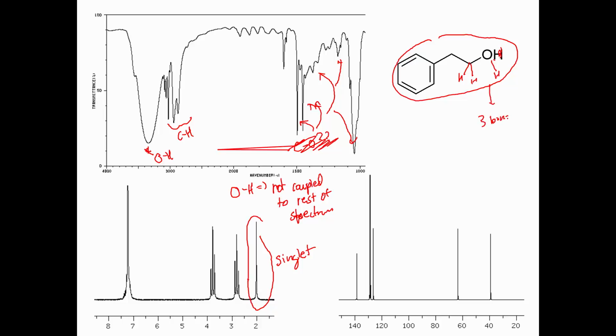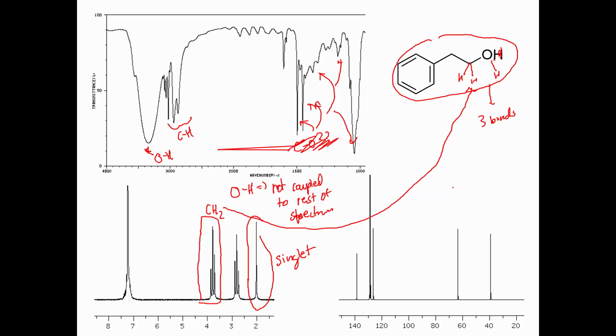We don't really see the coupling, and this is because the hydrogen is being exchanged rapidly due to the hydrogen bonding interaction. All right, we see that one of the CH2 groups, which is a triplet, has a higher chemical shift than the other. This is, of course, the CH2 right there. That one's higher because they're on the same carbons as an oxygen.